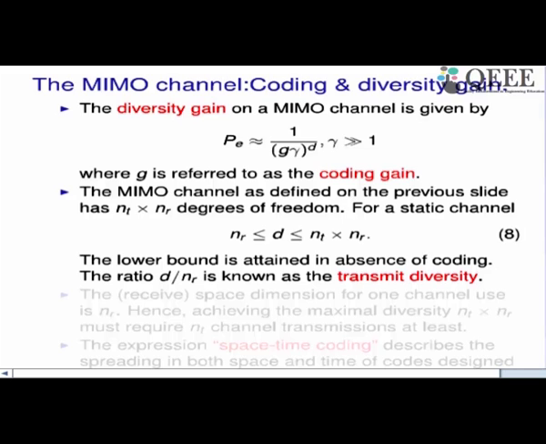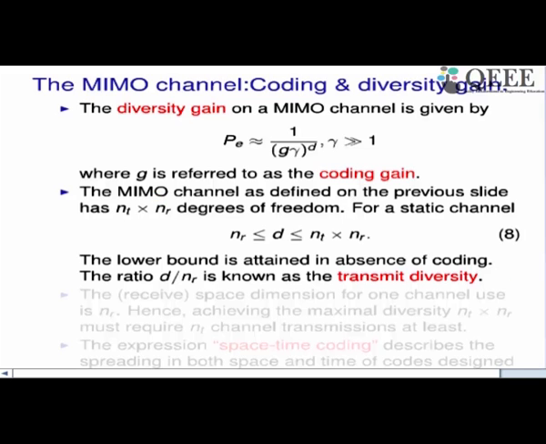This gives us the transmit diversity. It is the effort that the transmitter is making to contribute to the diversity. Receiver diversity, because there are different channels at the receiver, that diversity is ensured. Okay. So D by NR is basically the transmit diversity term. Okay. So these definitions are clear.